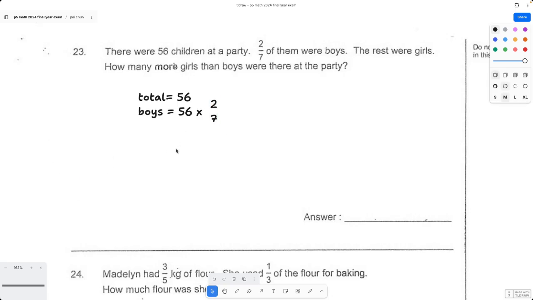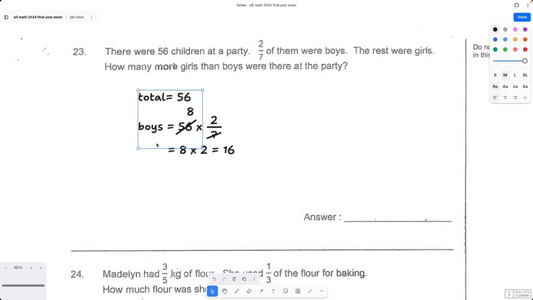So what is 7 divided by 56? We can cancel 7. 7 divided by 56 will then become 8, right? So this is equal to 8 times 2, which will go to 16. So we have 16 boys.